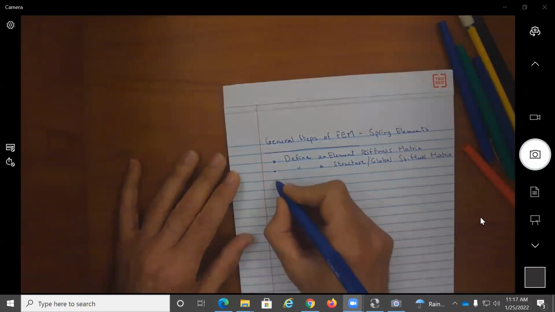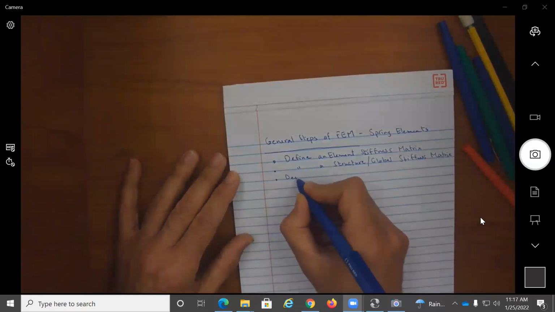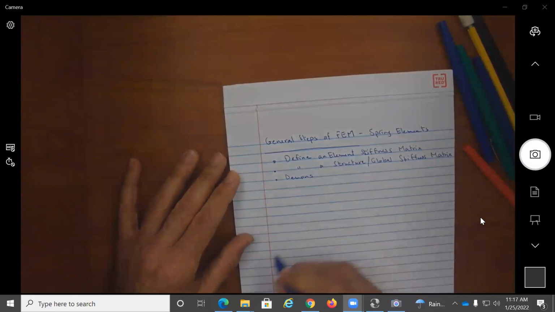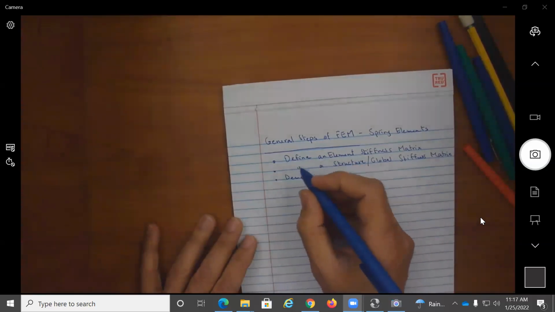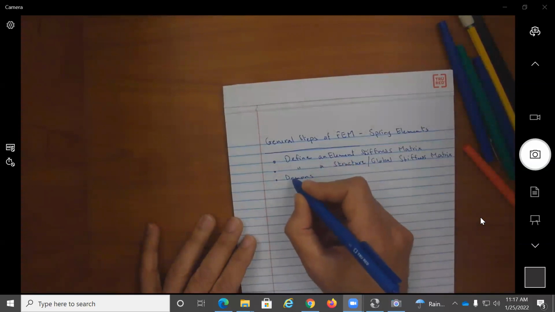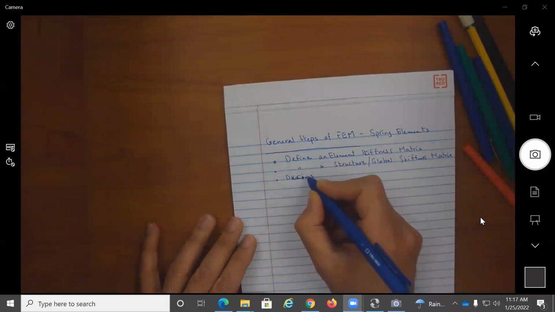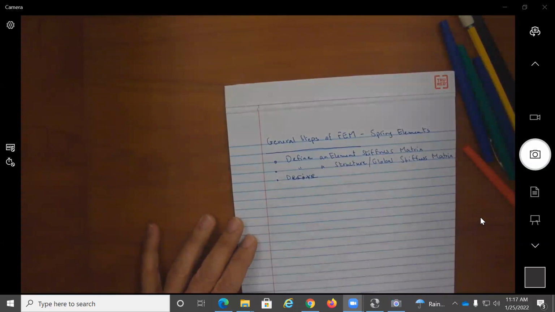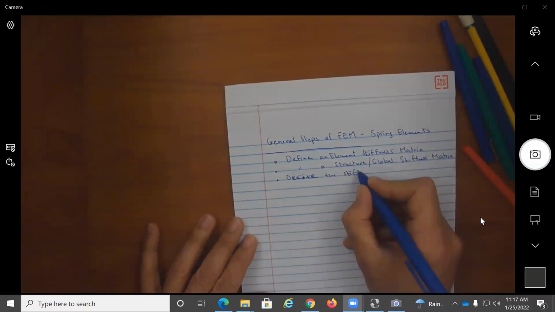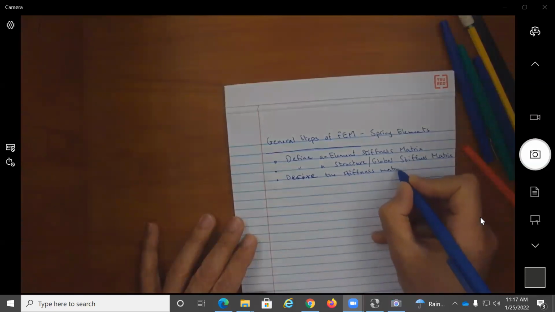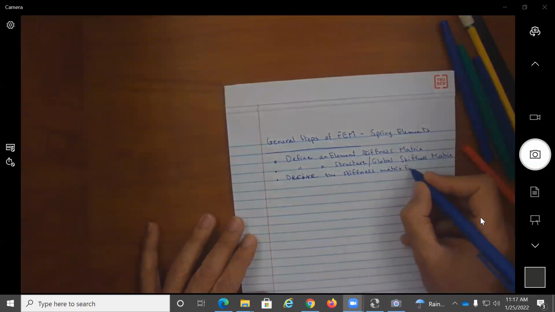Actually, before we do that, we're going to derive the stiffness matrix for a spring element.